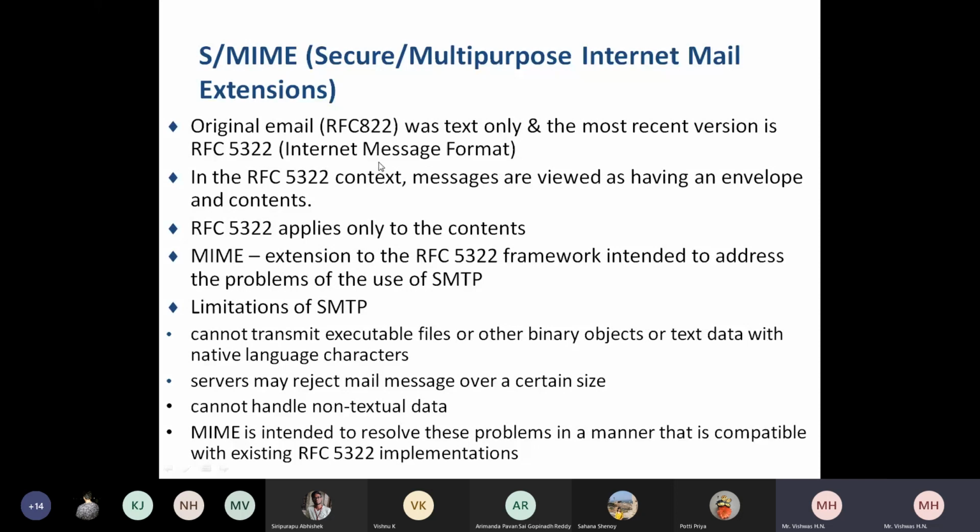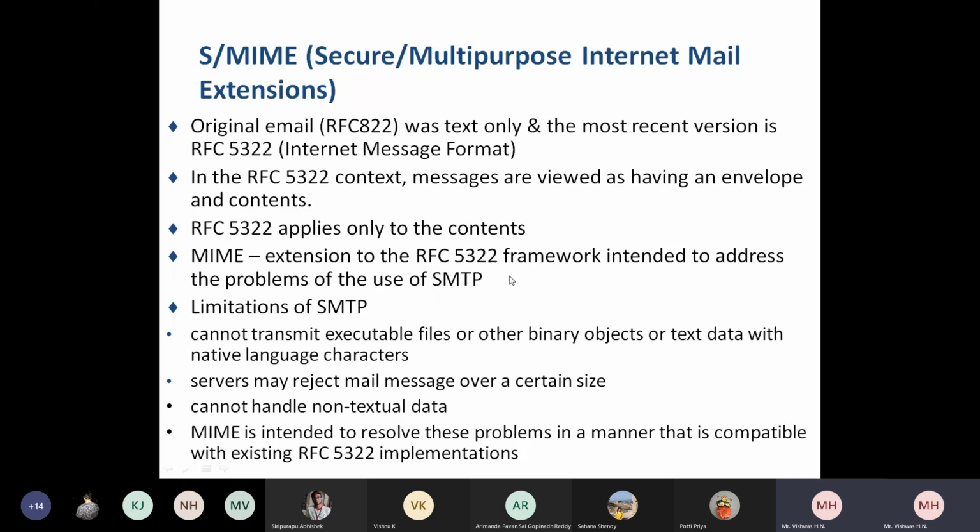In the RFC 5322 context, messages are viewed as having an envelope and contents. RFC 5322 applies only to the contents. MIME is an extension to the RFC 5322 framework intended to address the problems of the use of SMTP. What were the problems in SMTP?